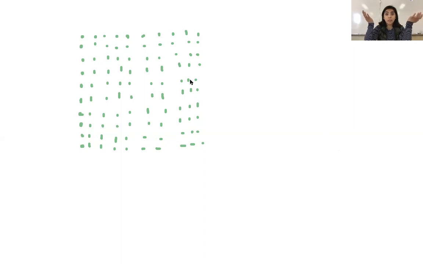So we're sharing all of these beans with other students, and I want each student to get the same amount of beans. So what are we going to do? Each row has 10, and I have 10 students. So how many groups am I going to get?